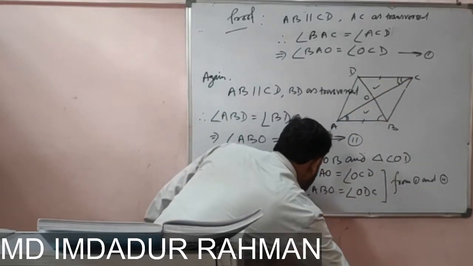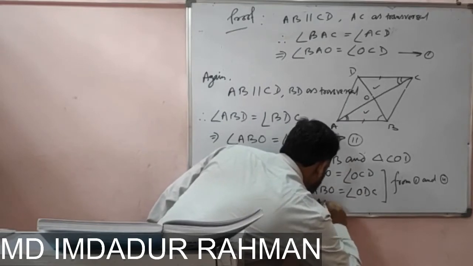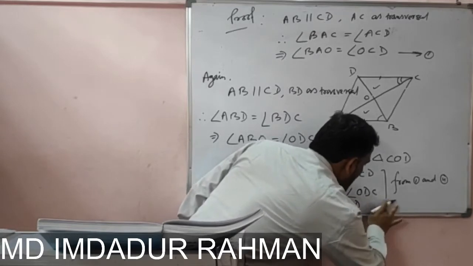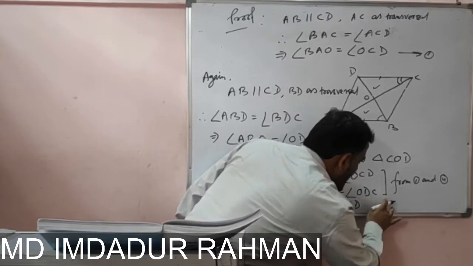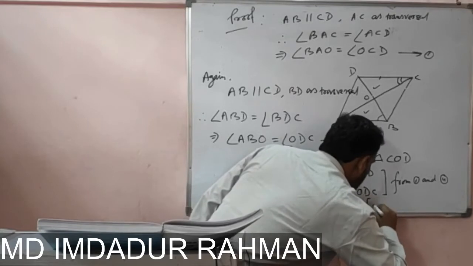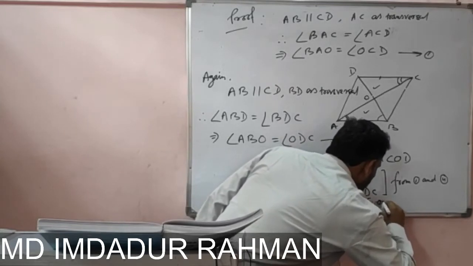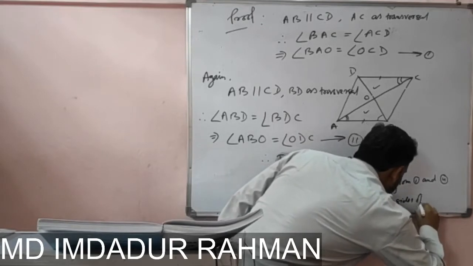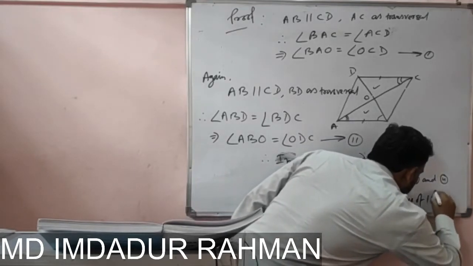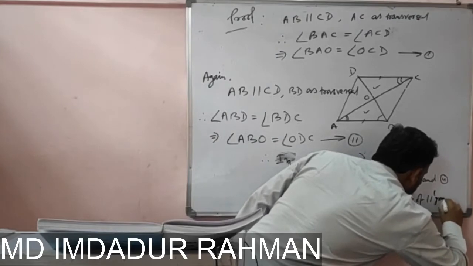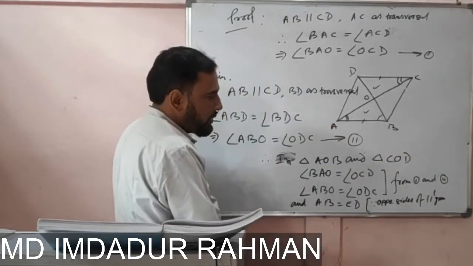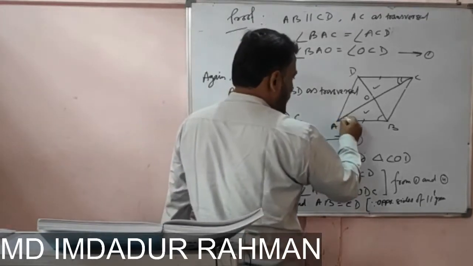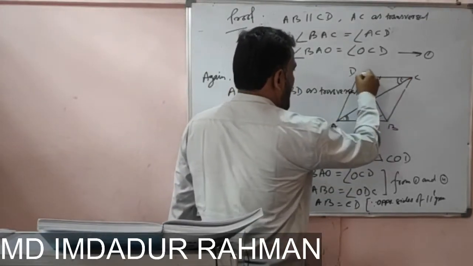So AB is equal to CD. What is the reason for this? Since opposite sides of a parallelogram are equal. So we have angle, side, angle.